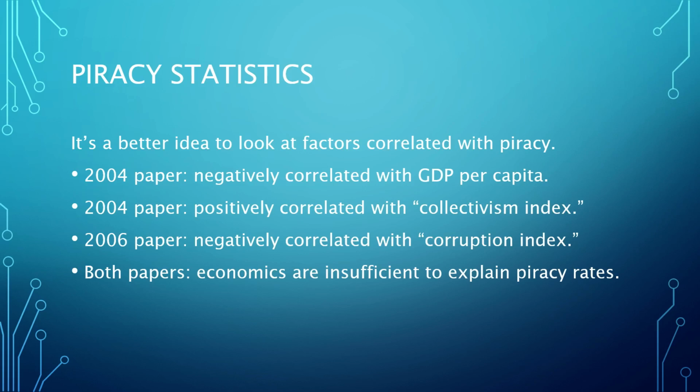This is to be expected. The less wealthy are less able to afford software. The paper also found a positive correlation between piracy rates and the country's collectivism index. Intuitively, this index is a measure of how interdependent the people of a country are.